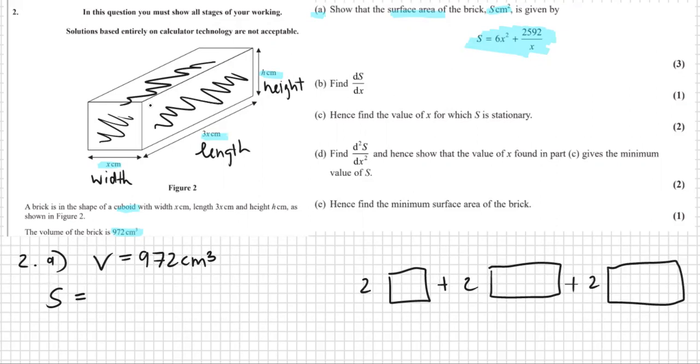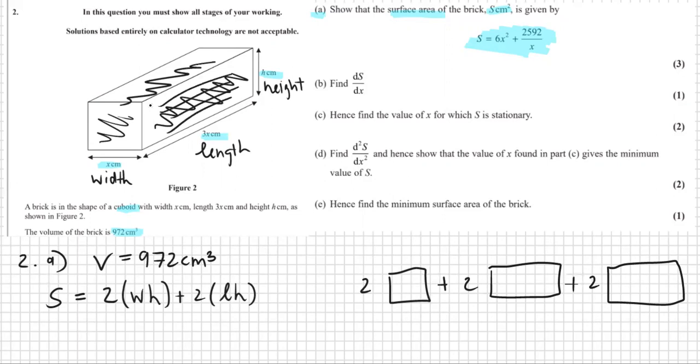So this works out to being, let's do the front, 2 times width times height, plus 2 times length times height, which is this side.